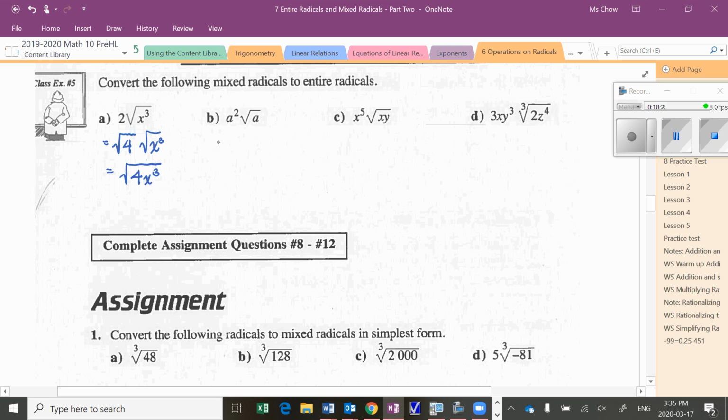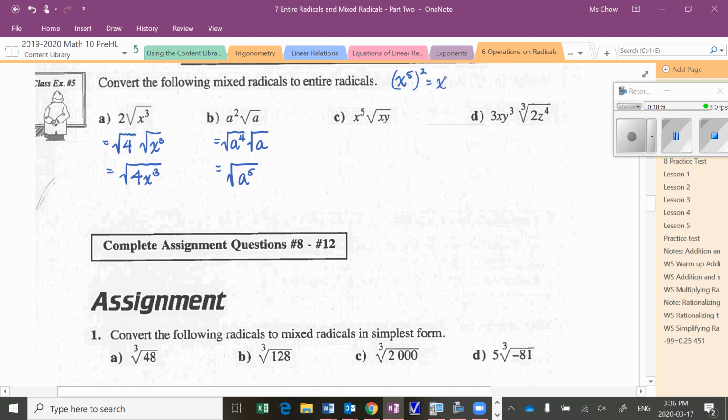A squared is the same as the square root of what? If I square it, then that is a to the 4th, so root of a to the 4th times root a is equal to root of a to the 5th. Again, if we square x to the 5th, you could say x to the 5th, and I'm going to square that.